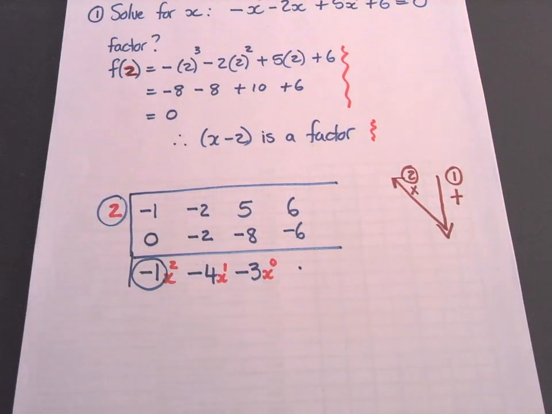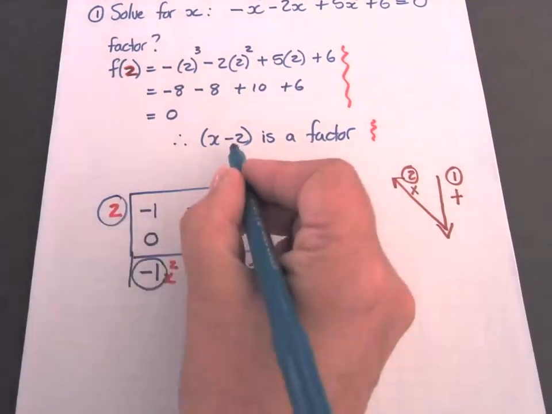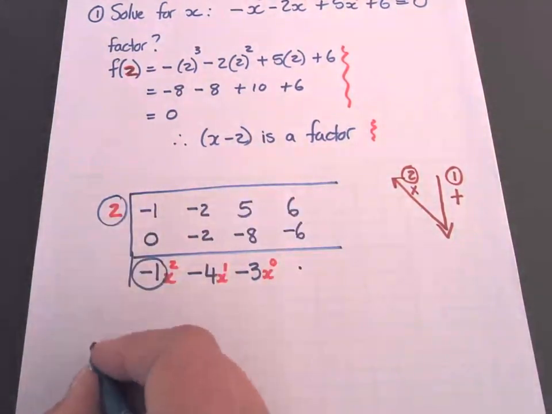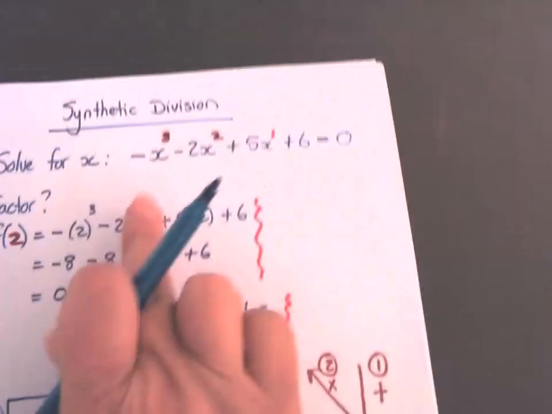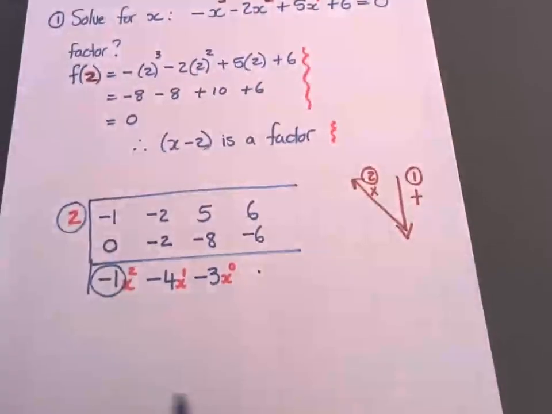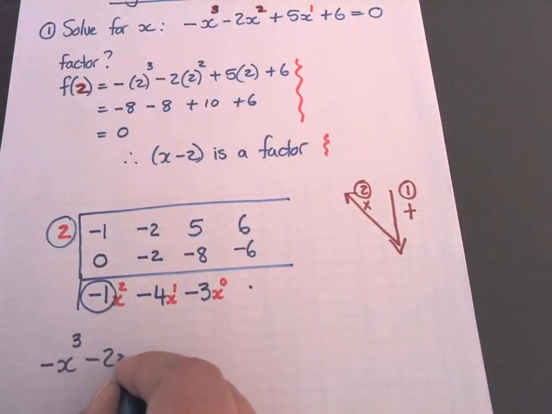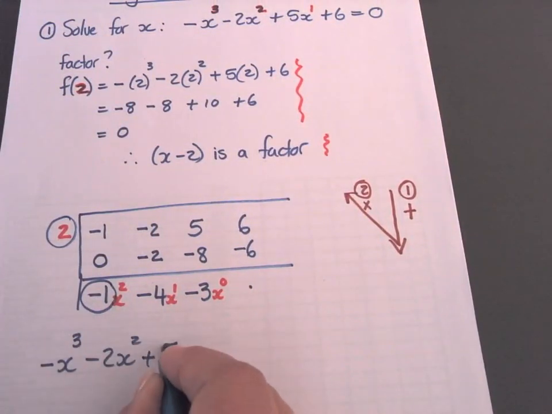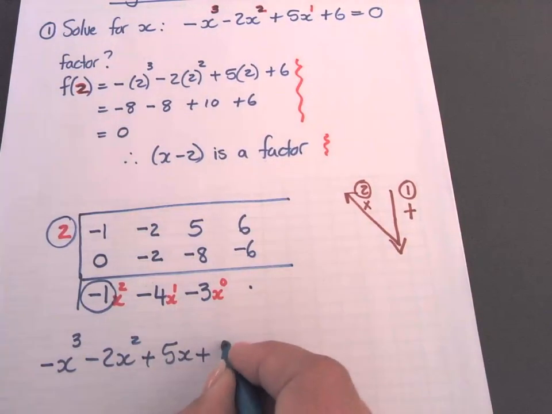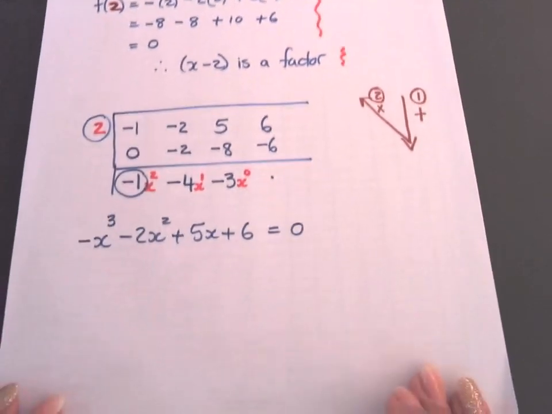Now what did we do here? We said x minus 2 is a factor. So I'm just going to rewrite that equation. Minus x to the power of 3 minus 2x squared plus 5x plus 6 equals 0.